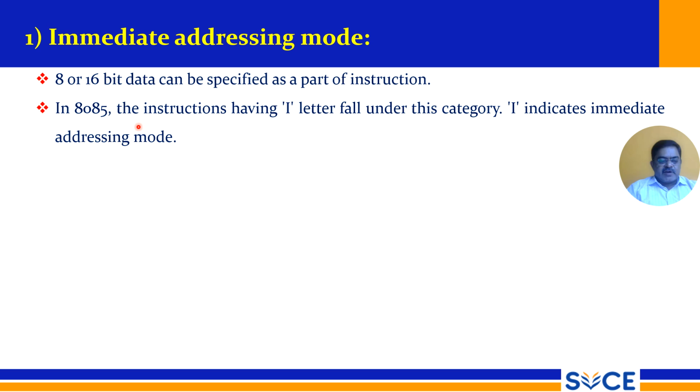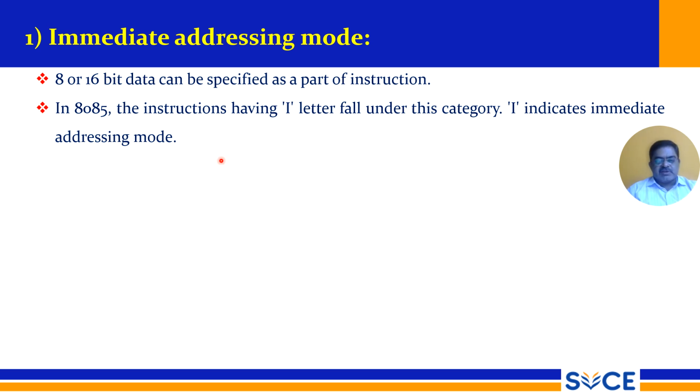In 8085, the mode of addressing of any instruction can be easily identified by the letter I in the instruction. I will show you a few example instructions. The letter I indicates immediate addressing mode.